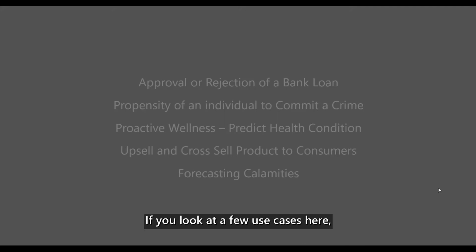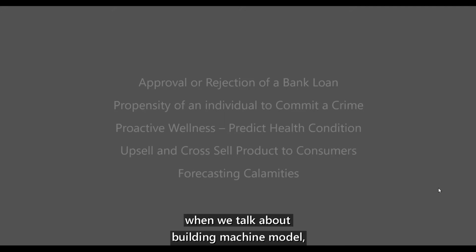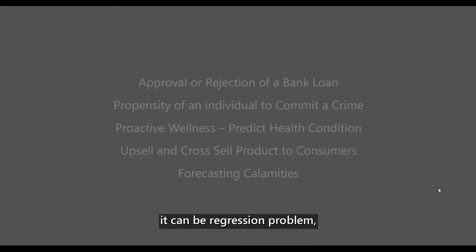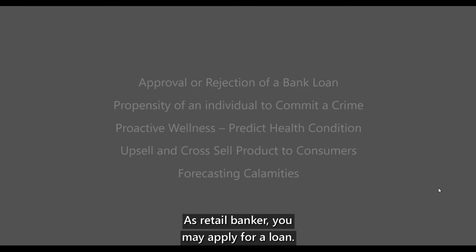So if you look at a few use cases here, when we talk about building a machine learning model, it can be a regression problem, a forecasting problem, a classification problem, or a clustering problem. So if you look at a few examples, it can be in the banking domain. As a retail banker, you may apply for a loan, a personal loan or a housing loan.